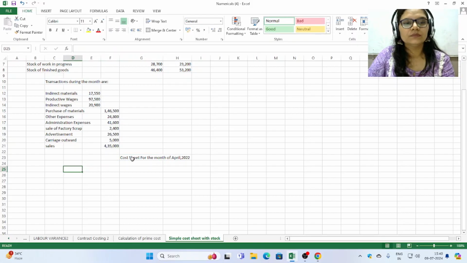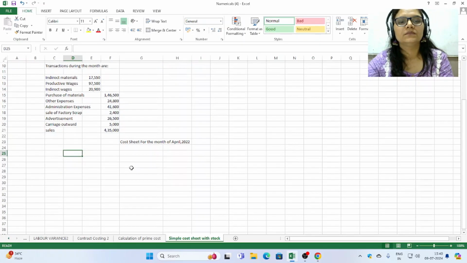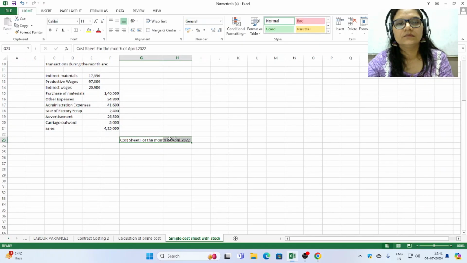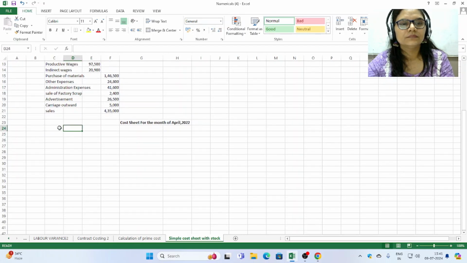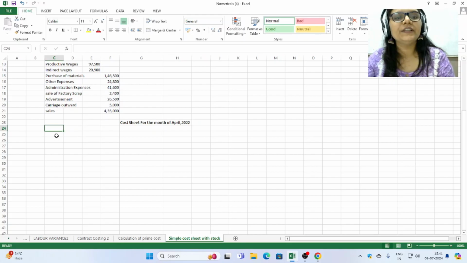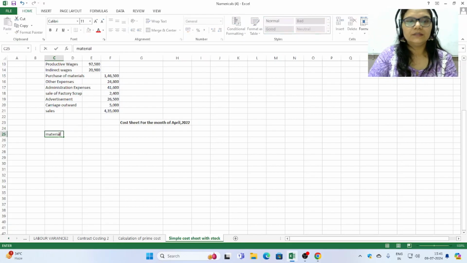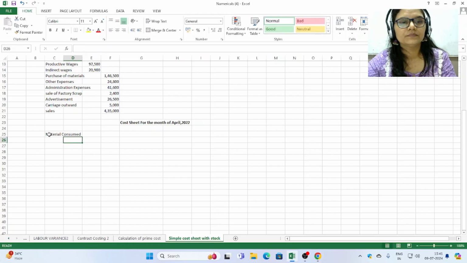Now, first we need to calculate the material consumed. Material consumed we need to calculate in the questions.